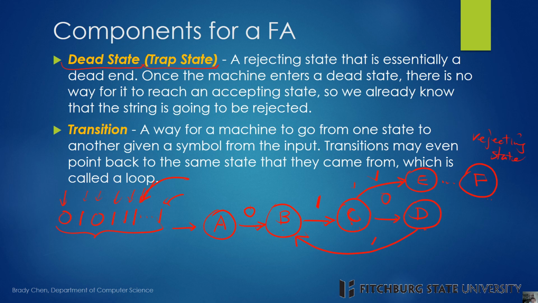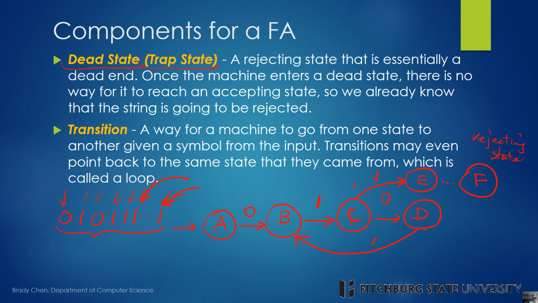A rejecting state is not necessarily a dead state. It's just that we reach that state and we have no more input, right? Okay. So if we have another input, which is longer, then we can actually get out of the rejecting state.